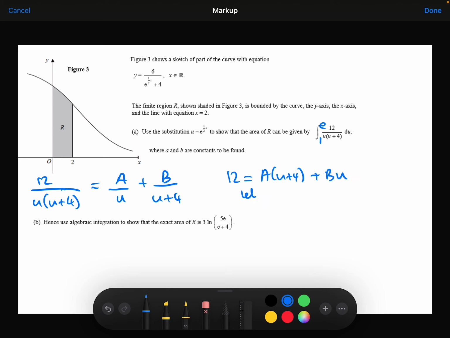If I let u equal 0, then I get 12 is equal to a times 4. So a is 3.